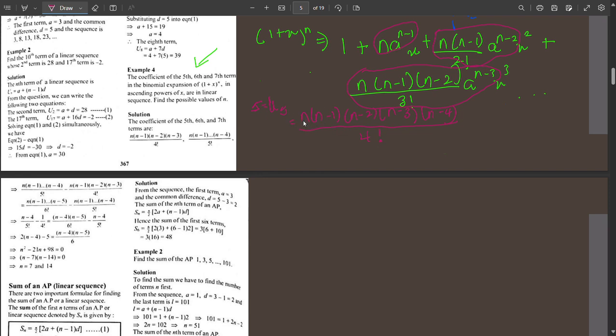So you see it has 4 factors, divided by 4 factorial.